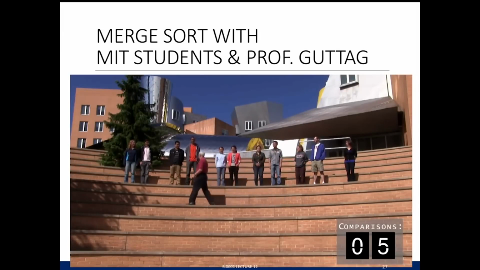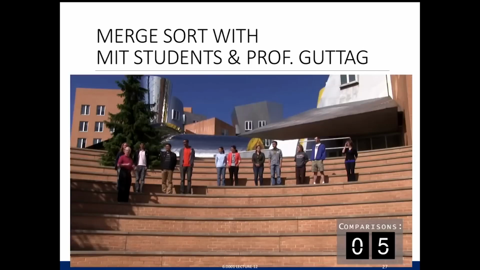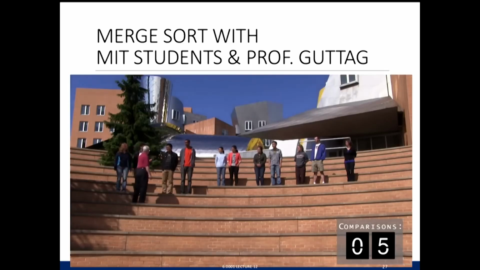Now what we do is we take these groups and merge the groups. So let's have these 2 step forward. And now what we're doing is we're doing a merge of the 2 sorted groups. So we start by merging them. We'll take the leftmost person in this group and compare her to the first person in this group and decide she's still the shortest.